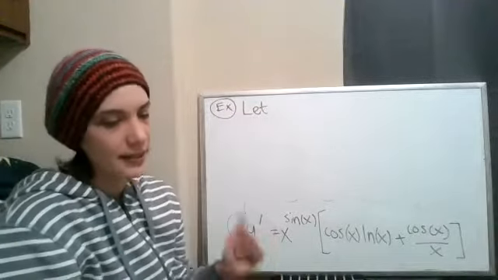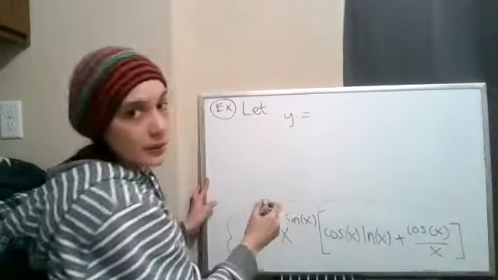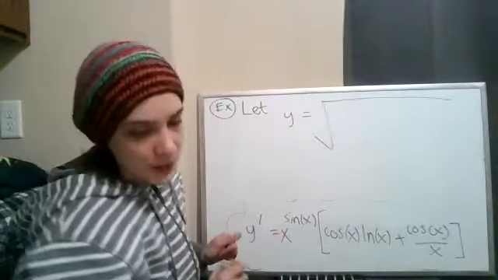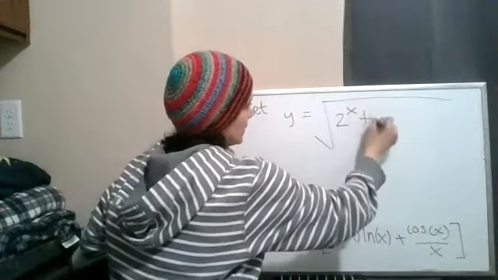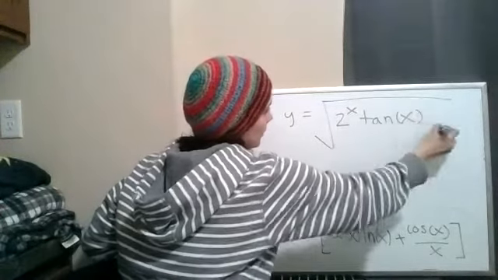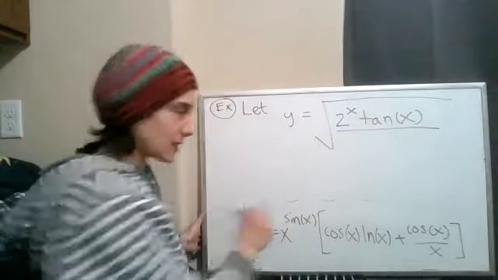Okay, so y is equal to the square root of 2 to the power x, tangent x, over, oh, actually it's tangent of 5x.